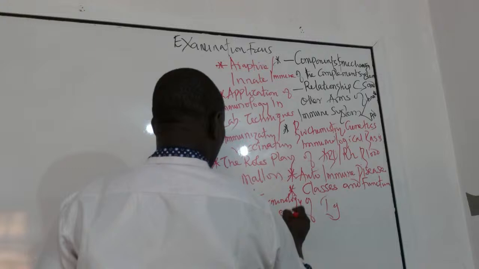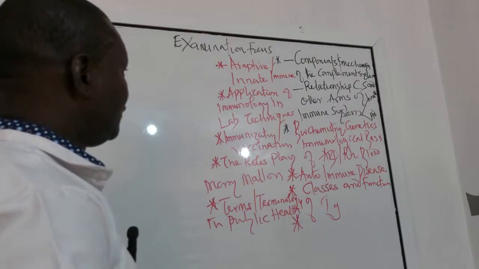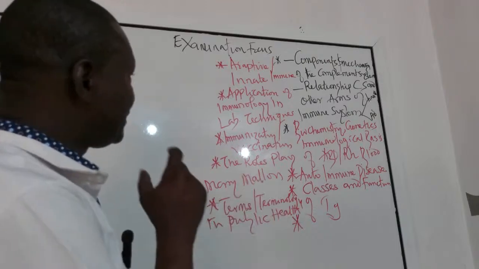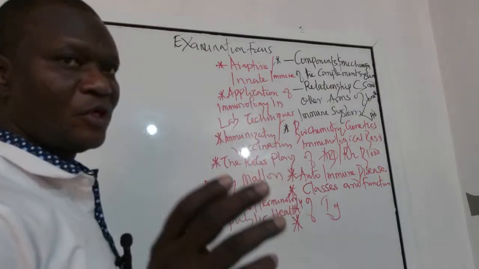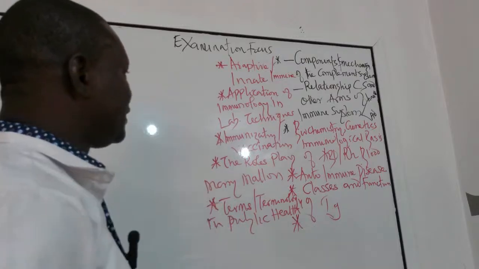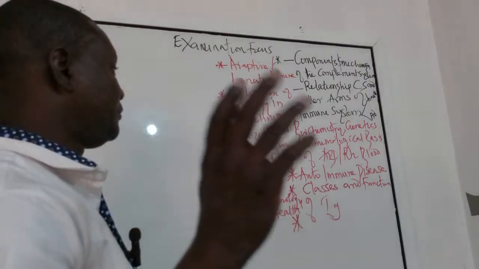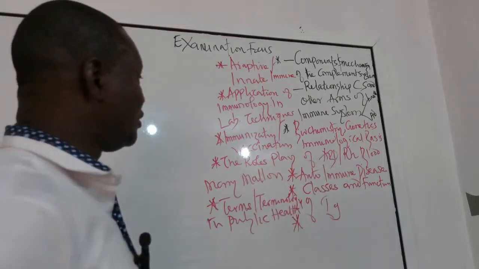So having these 9 broad sections, the first one is the mechanism and components of the complement system. What is the relationship between the complement system and the other arms of the immune system, that is between the innate immune system as well as the adaptive immune system.